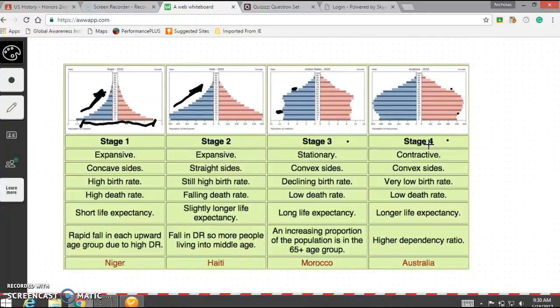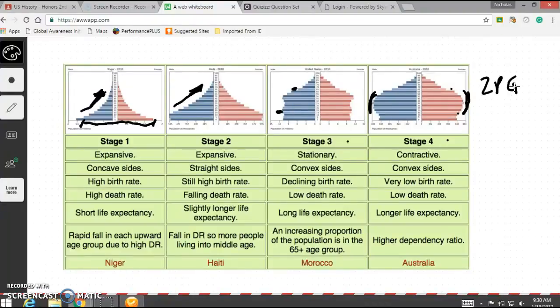It's much less of a difference, and you get these really big concave sides of those people that are economically active. So there's that bulge there, and that means that people that are economically active are healthy, they're living longer, and we still have a relatively solid base, indicating that they're probably in ZPG, or zero population growth. They're replacing the people that die, basically.